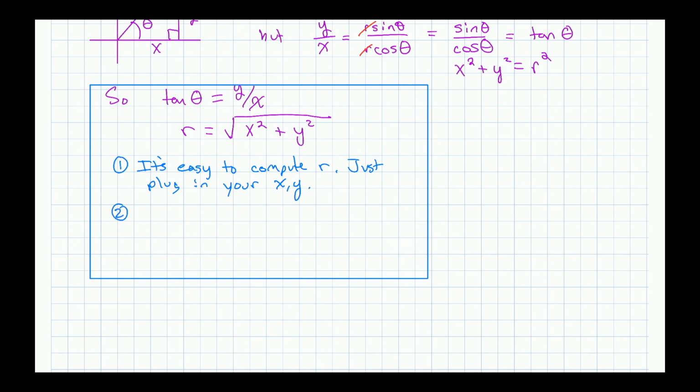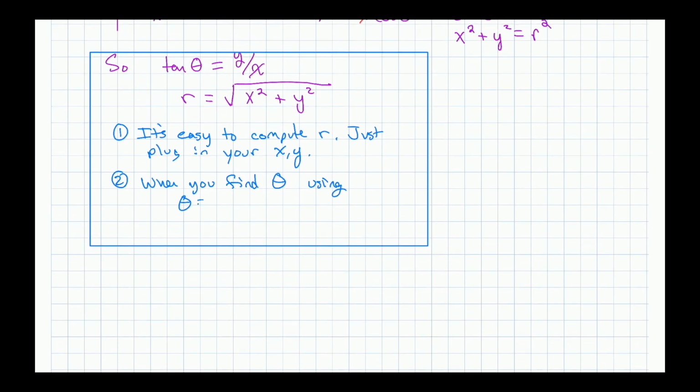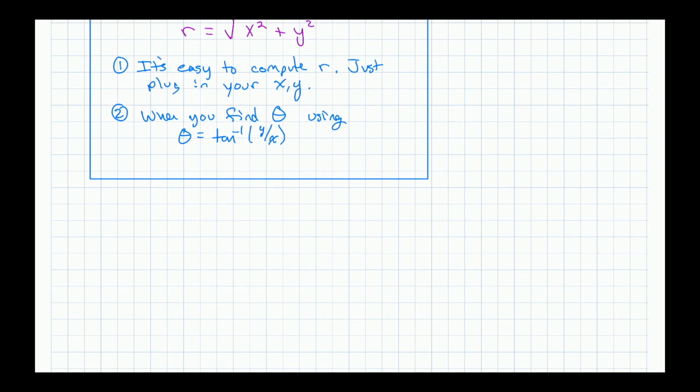But for the theta, you're going to have to use knowledge of the sign of the tangent in each quadrant and what quadrant you're supposed to be in. When you find theta, it would be theta equals tangent inverse, and you might actually have to adjust it to be the correct quadrant.